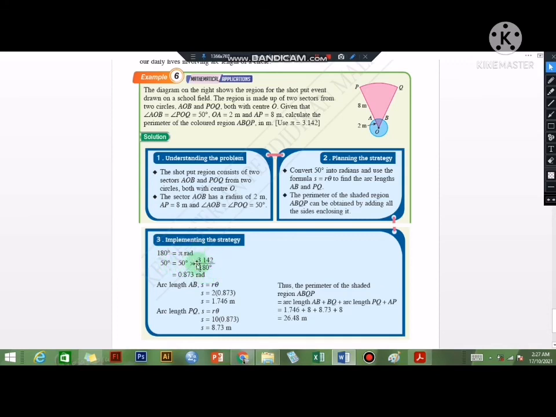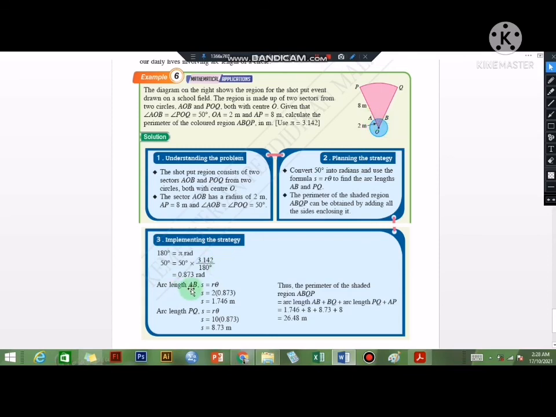Convert pi into the value 3.142, and you will get 0.873 radian. So the angle of sector AOB and POQ is the same, which is 50 degrees equal to 0.873 radian.